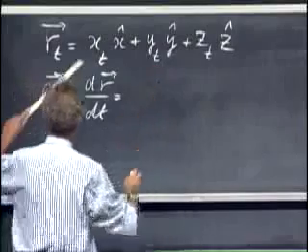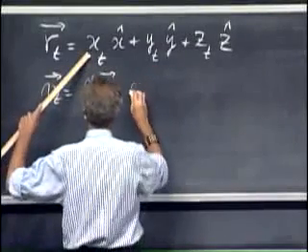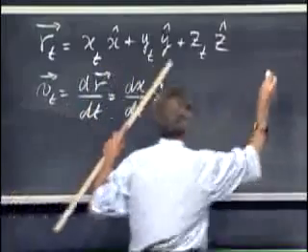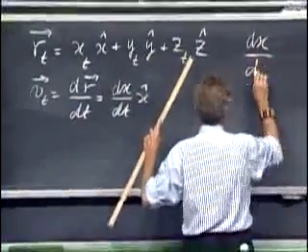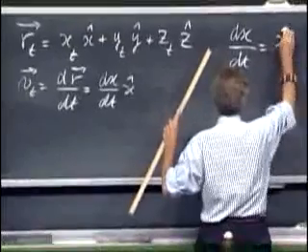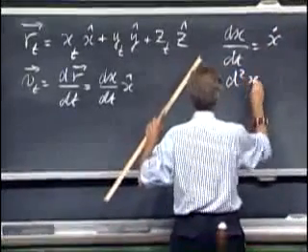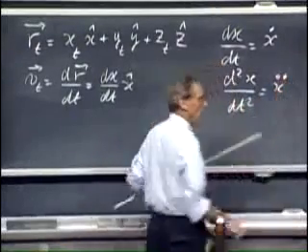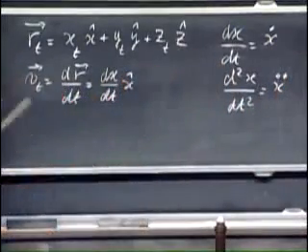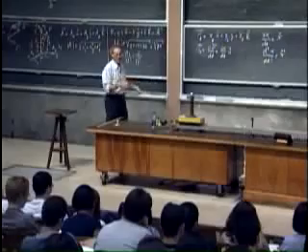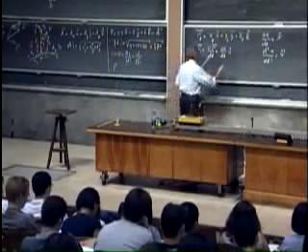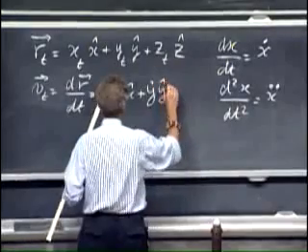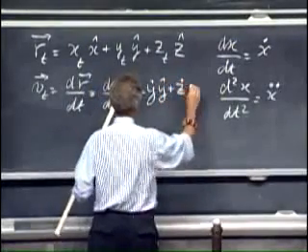So there we go. First the derivative of this one, which is dx/dt times x roof. I'm going to write x dot for dx/dt, because I'm lazy, and x double dot for d2x/dt squared. It's often done, but not in your book. But it's a notation that I will often use, because otherwise the equations look so clumsy. Plus y dot times y roof plus z dot times z roof.